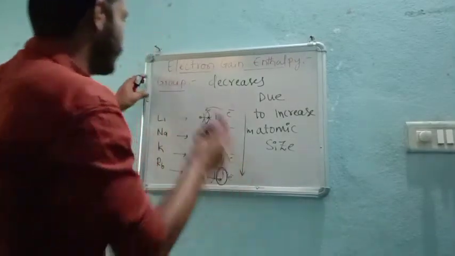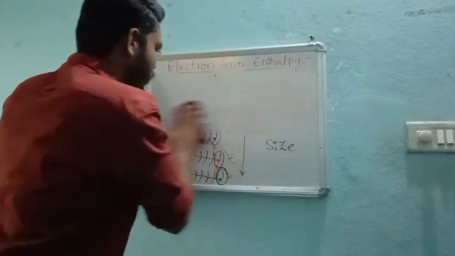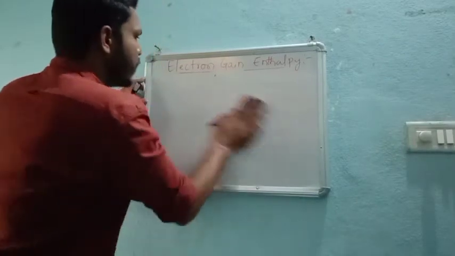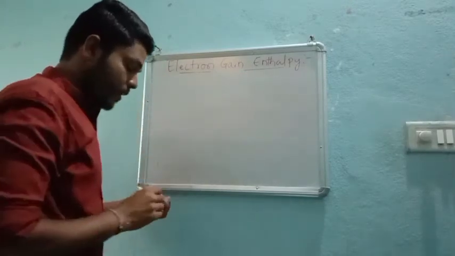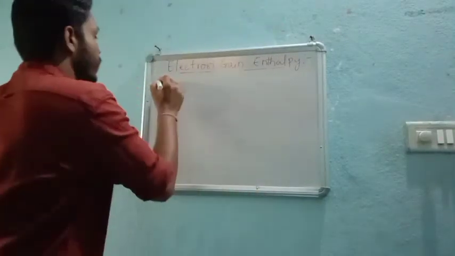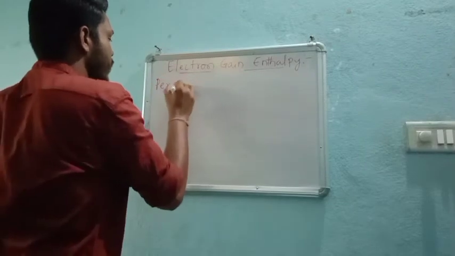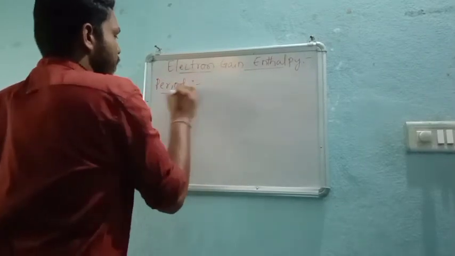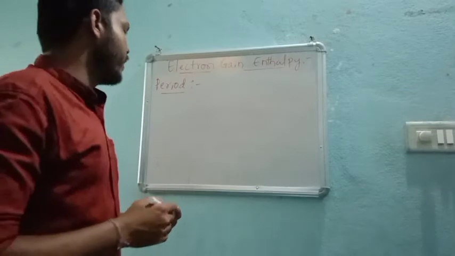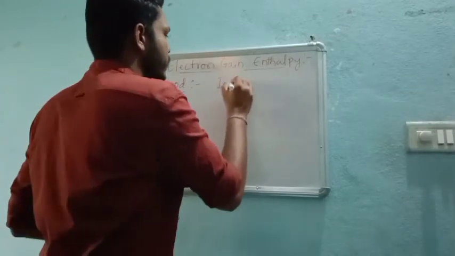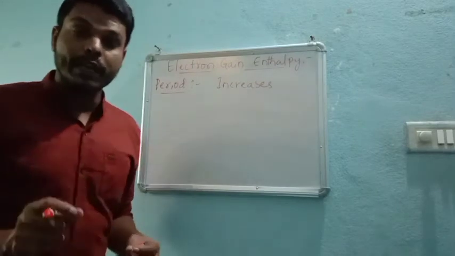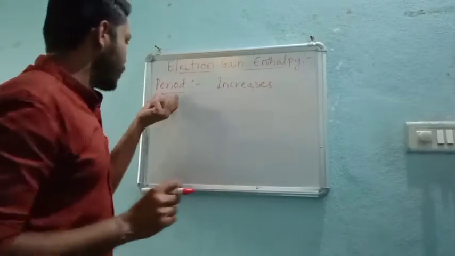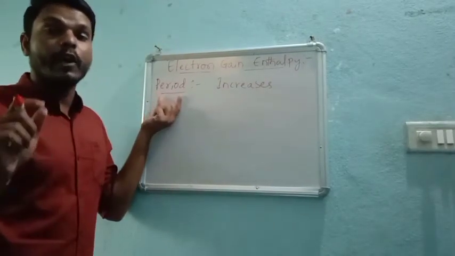Coming to period, what happens in periods? We will see now. In a period, electron gain enthalpy increases. The reason is the decrease in atomic size.